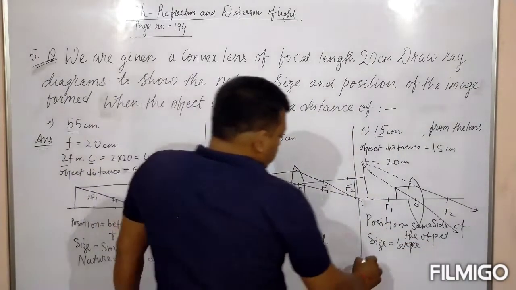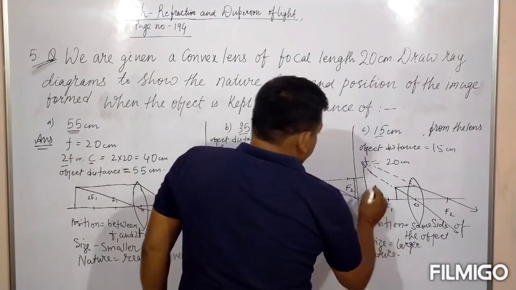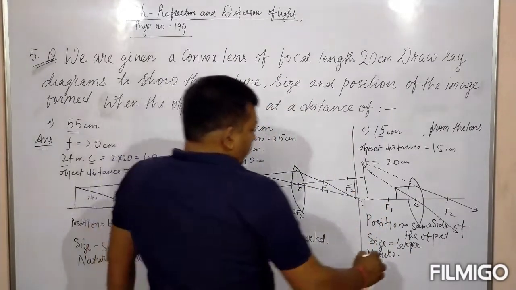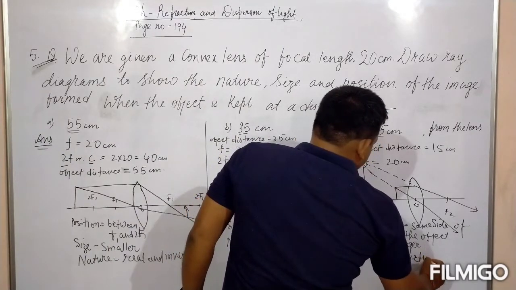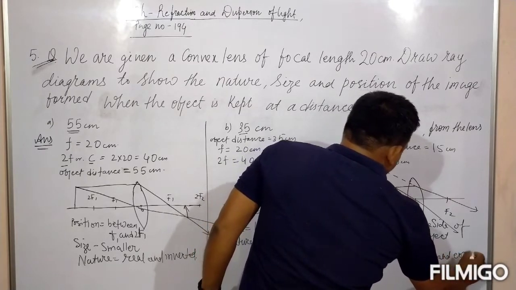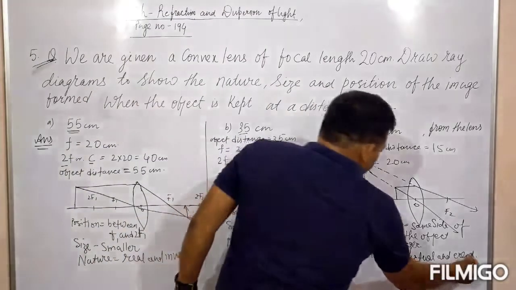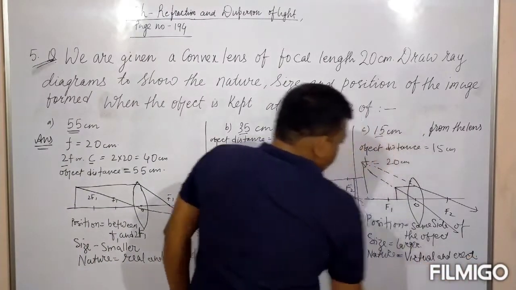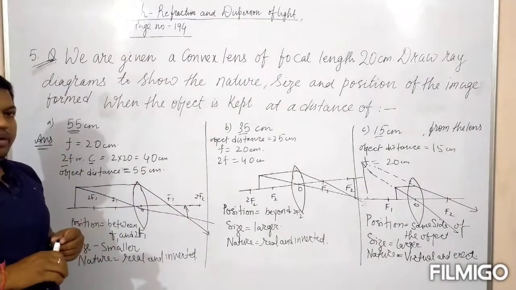The nature will be different: virtual and erect. So we have seen that when the object is kept at different distances, the image is formed like that.